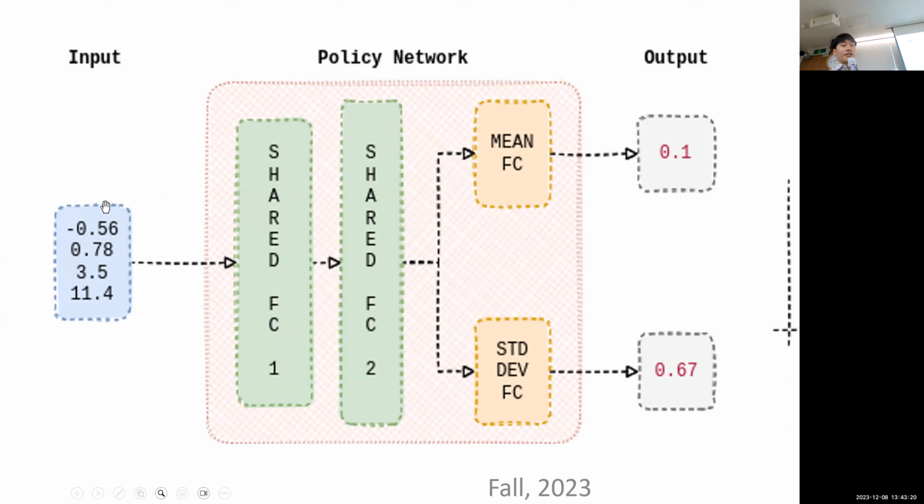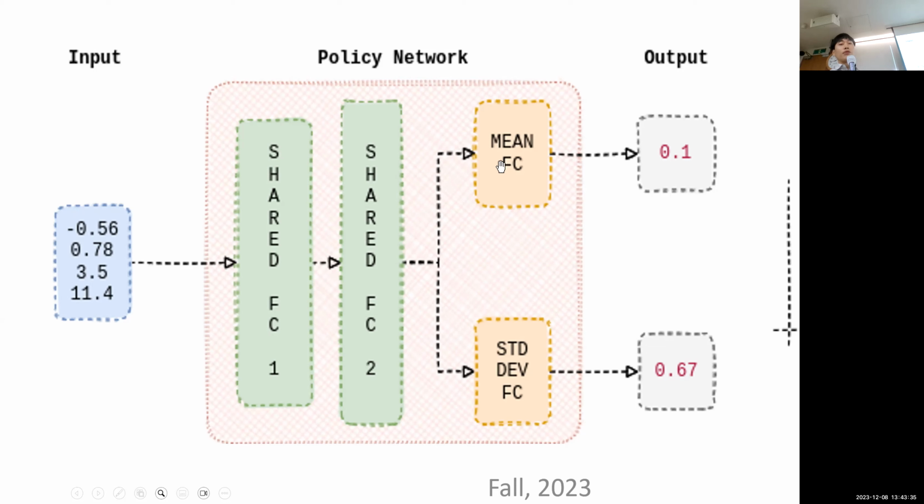So you have this input tuple, the sensing information or the state information for the current agent in this environment. Then you put it into the shared FC1, the first layer, then the second layer.